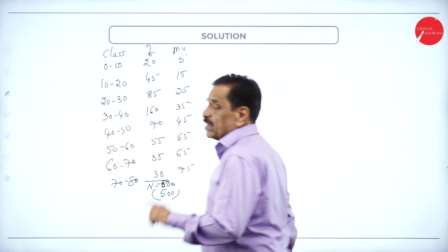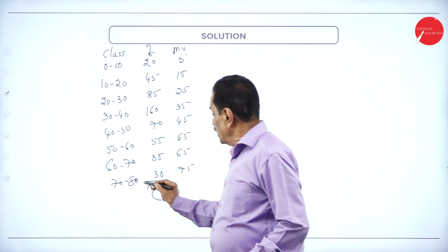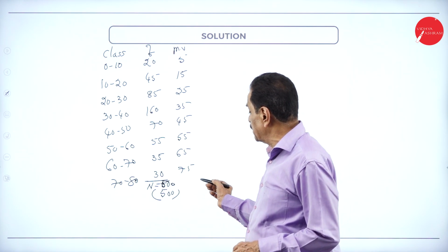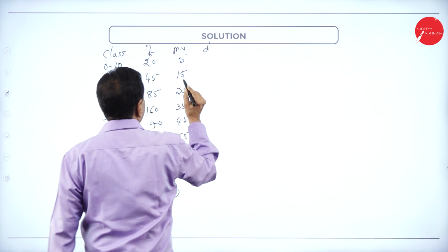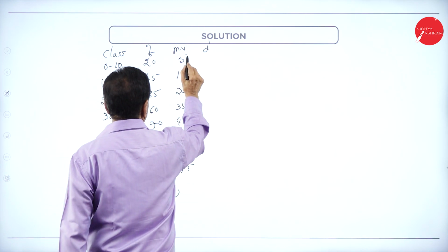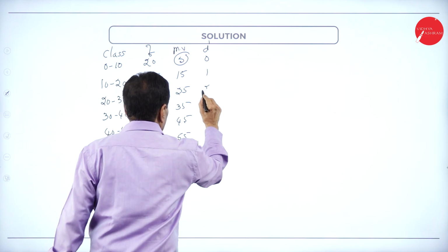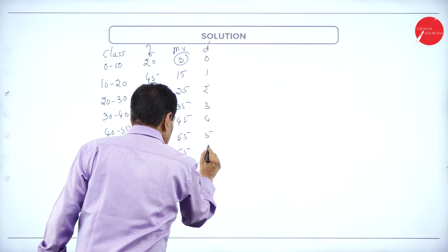So how to do it? L1 plus L2 divided by 2, that is 5. So 70 plus 80 is 150, divided by 2 is 75. Then d dash: you take the first mid value as 0, then 1, 2, 3, 4, 5, 6, 7.